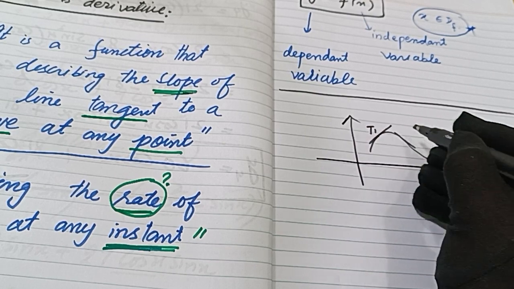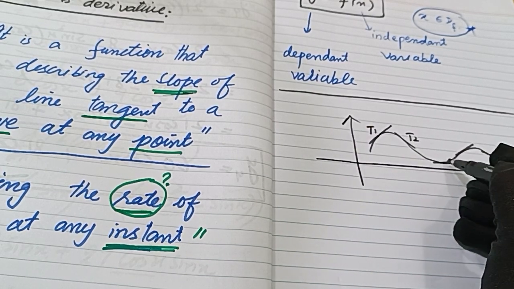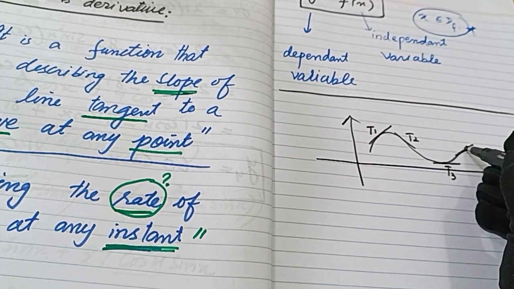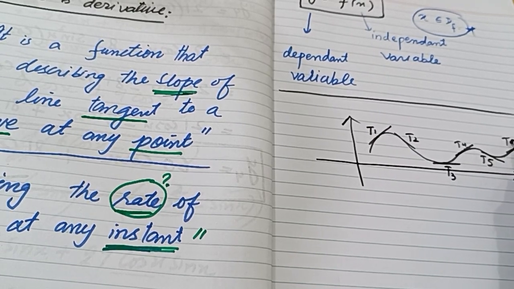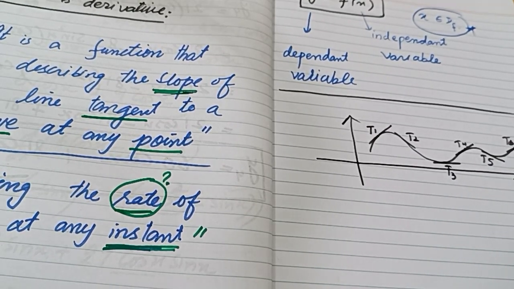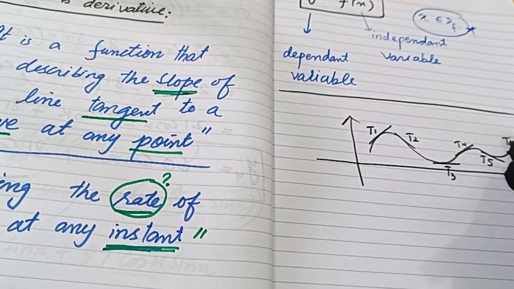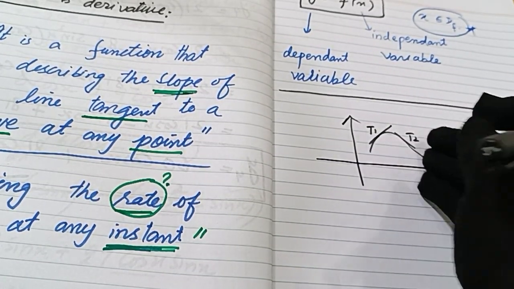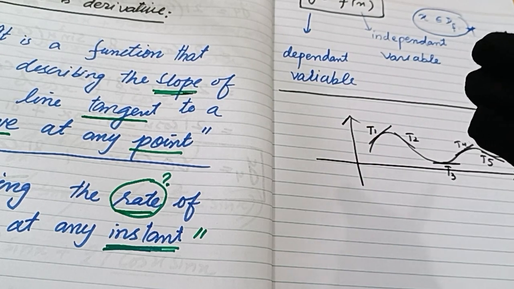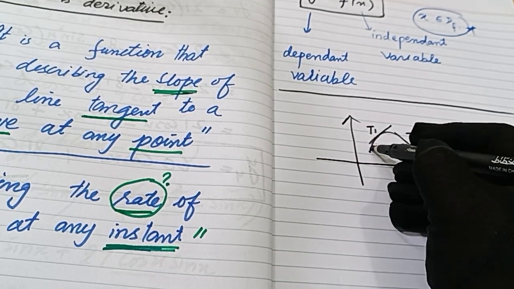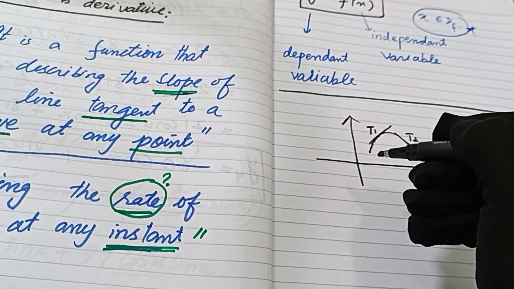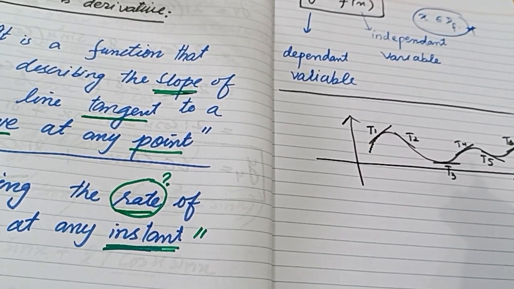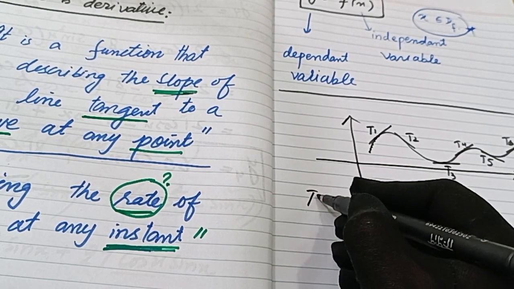Suppose this is T1, I'm taking T2, this is T3, T4, T5, and I have taken different tangents. More can also be drawn because the curve is continuous, so you can take many tangents at every point. A curve is the combination of all the points, and at every point a tangent can be drawn.